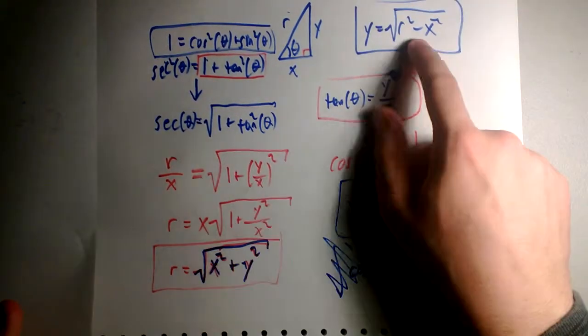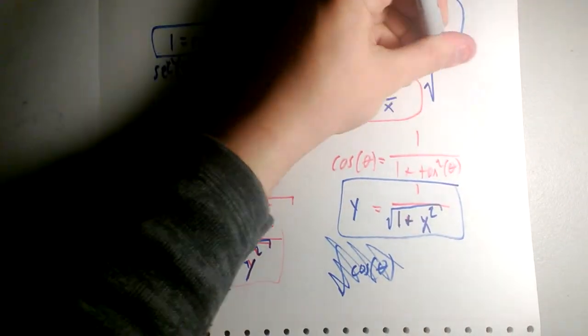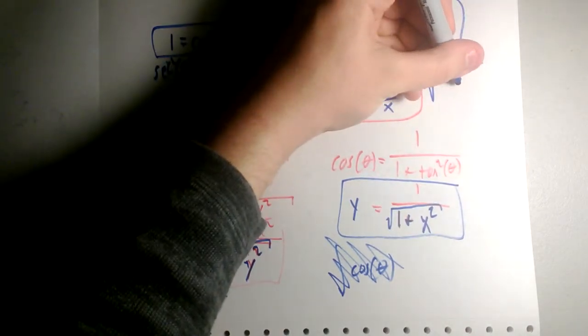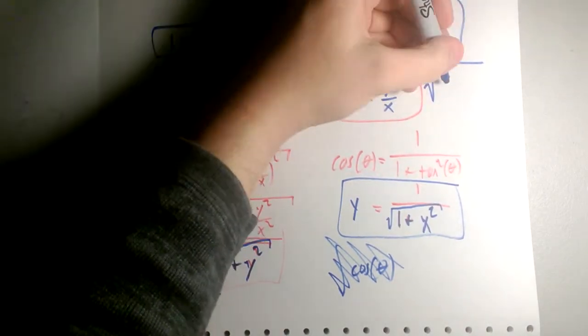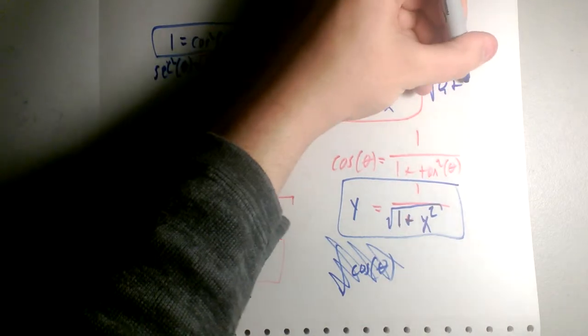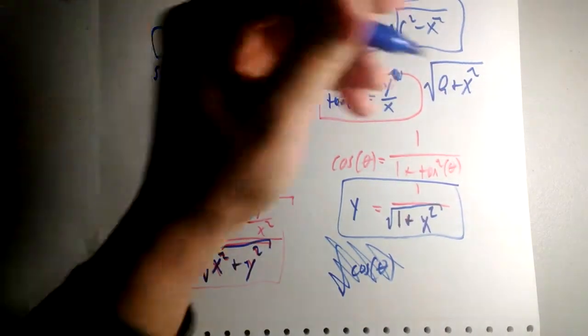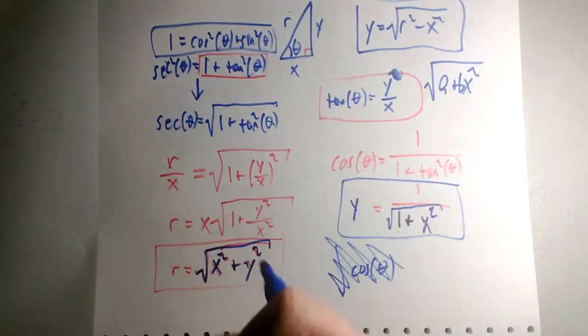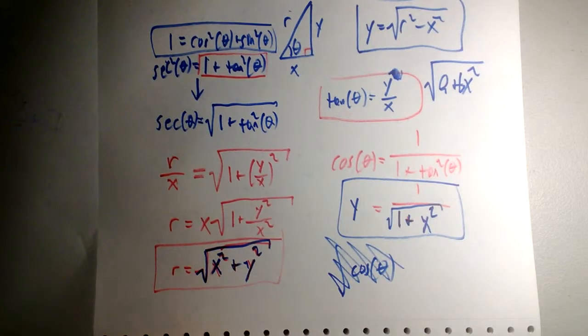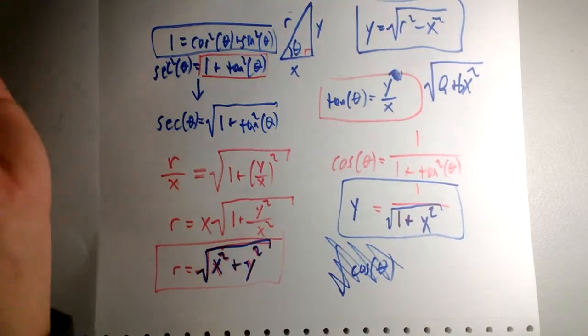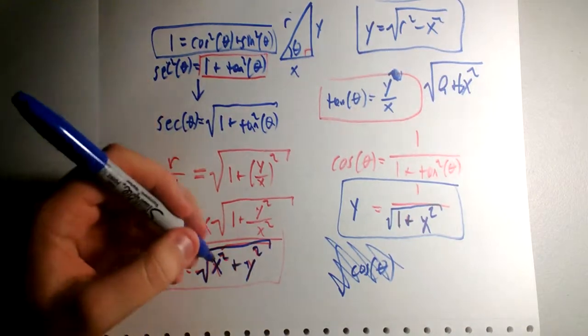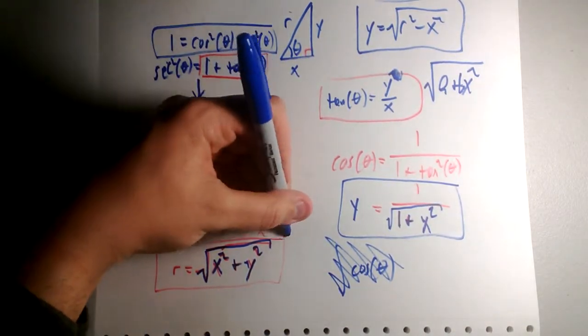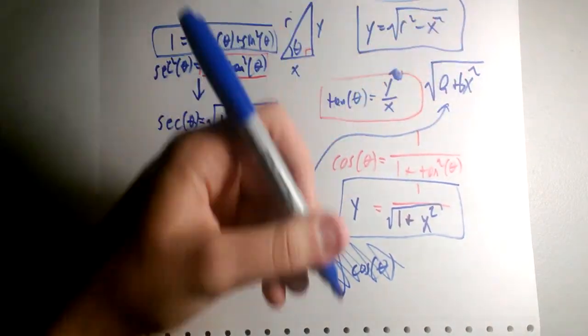So if you see a radical, the square root, plus something squared, so some a plus an x squared, maybe you could put a bx squared here, make it look even more impossible, then that is an indication you should probably use tangent, because you have that plus sign.